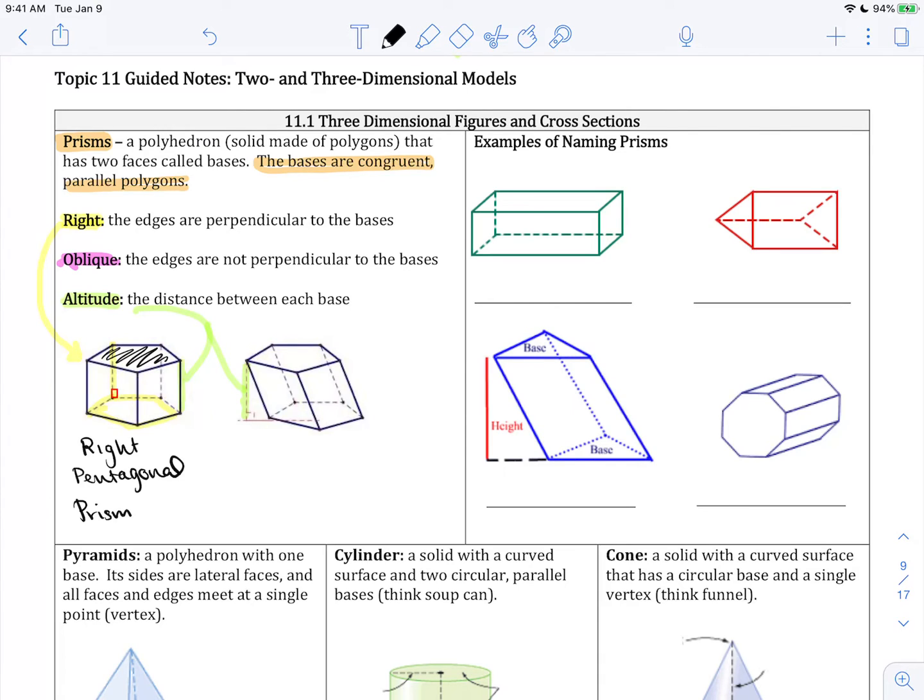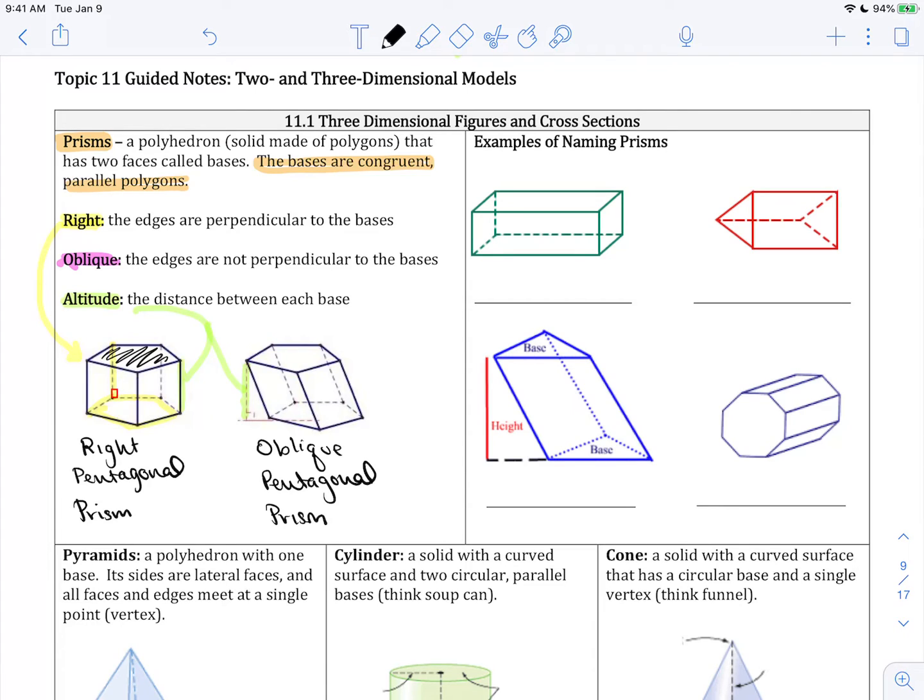This next one is an oblique pentagonal prism. All right, the base is still a pentagon.